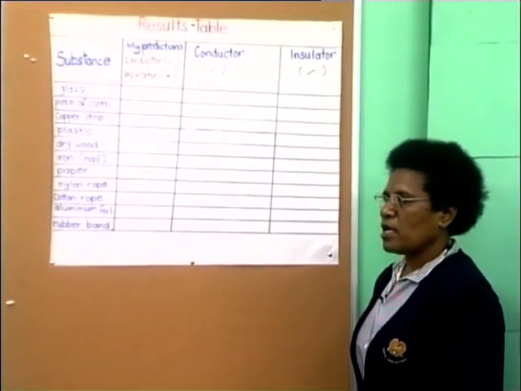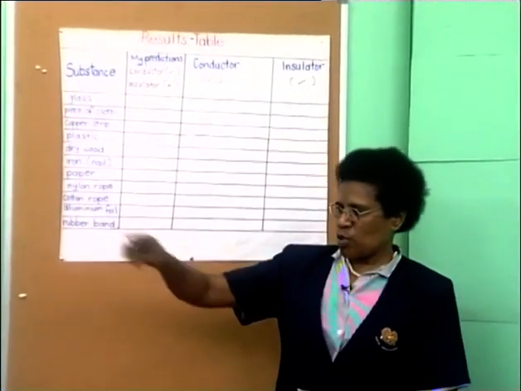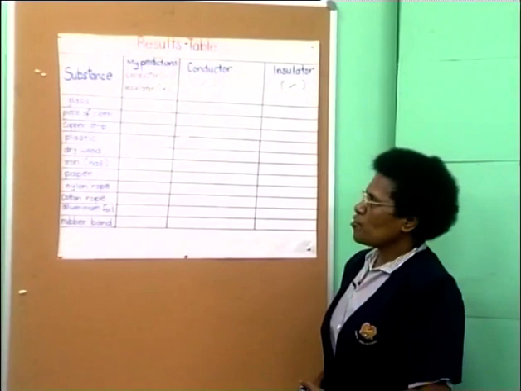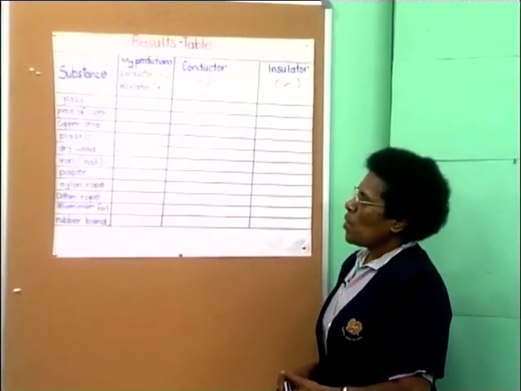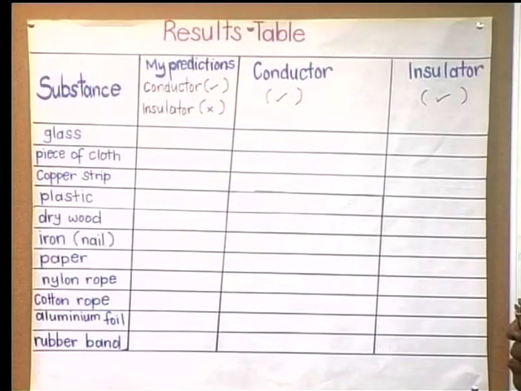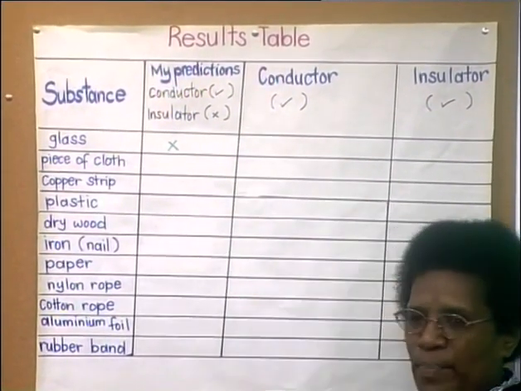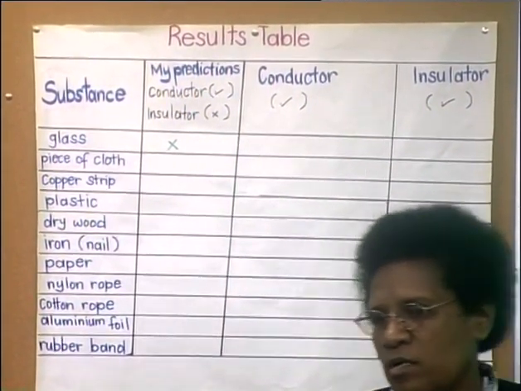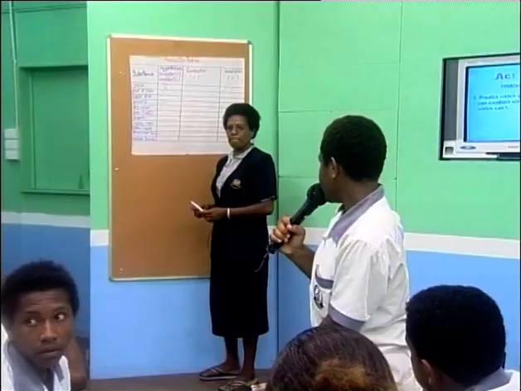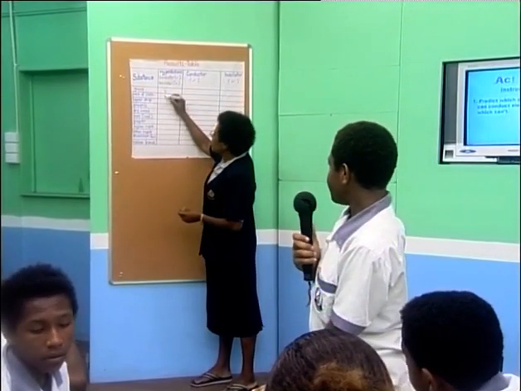Give us whether you think glass is a conductor or insulator. Glass is an insulator. Okay, insulator. So we have a cross. Piece of cloth. Let's say Winnie. Insulator.